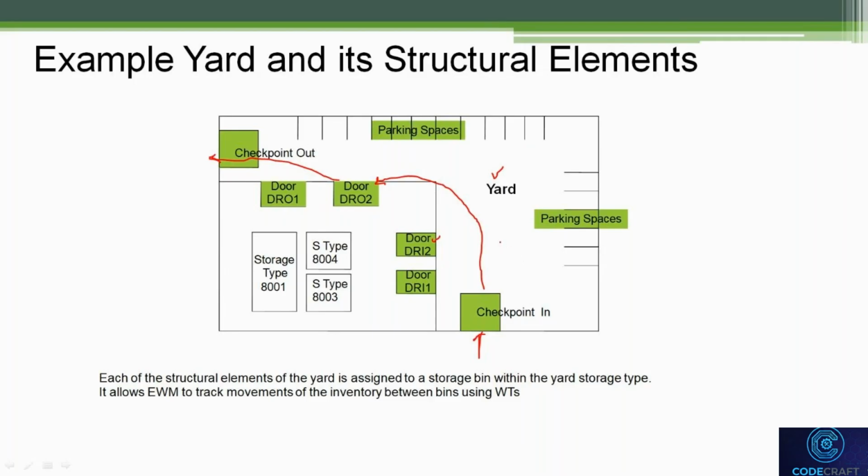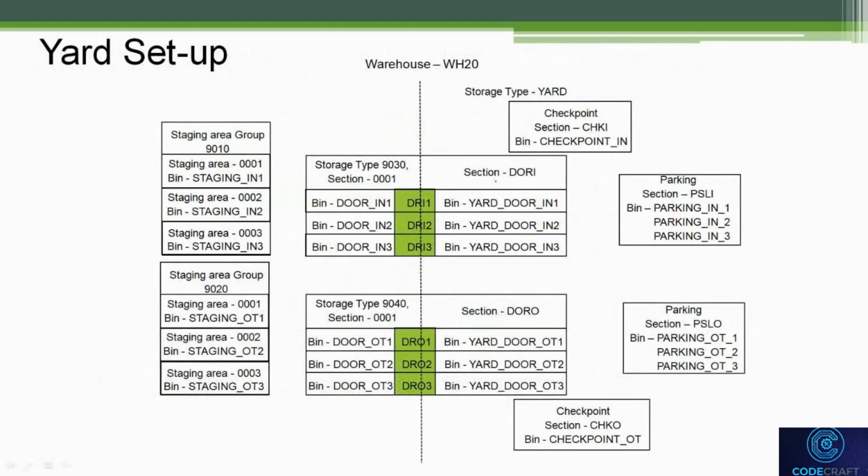It was easier for SAP to apply the same structure elements for the yard. So when we talk about yard, in our warehouse we have created storage staging areas, inbound staging, and outbound staging area, and we have created several bins in those areas.